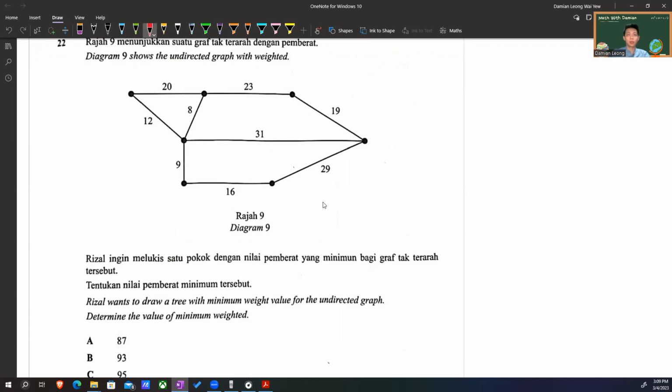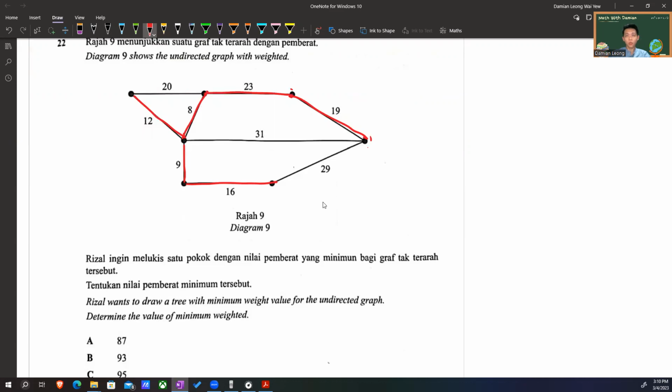So we look at the ones with the lowest weightage, which will be this here. And here wouldn't do me any good. So I need to connect to either one of these two somehow, which the smallest one would be here.